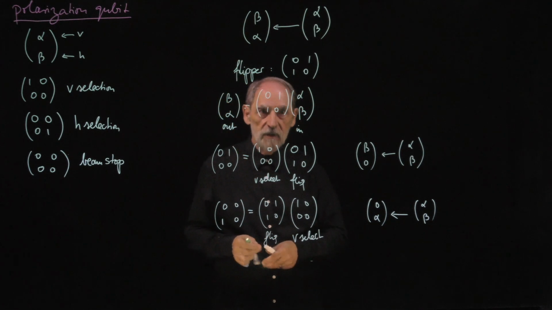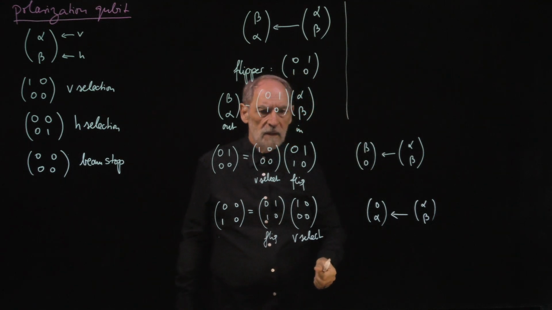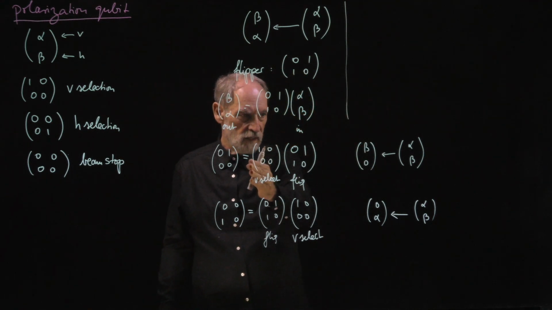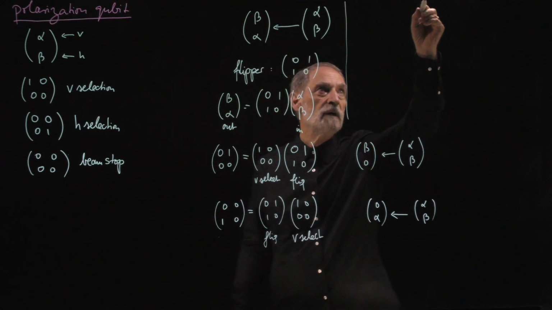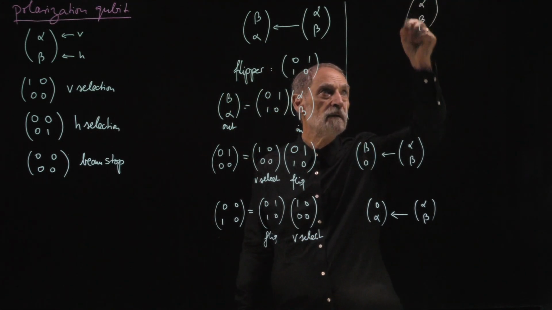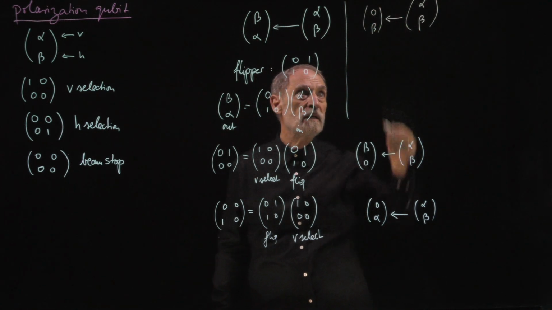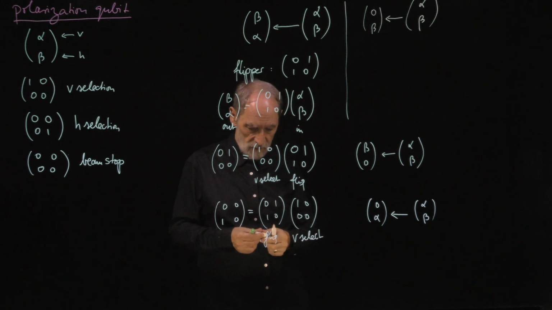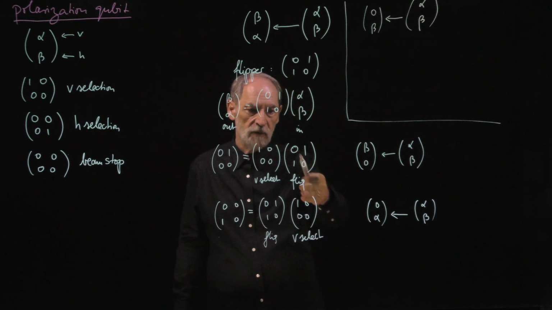Let me also note that if you flip and then V-select, and you would flip again, you would go from alpha beta to 0 beta. That's exactly what the H selection does. Well, let's see how the mathematics confirms this.